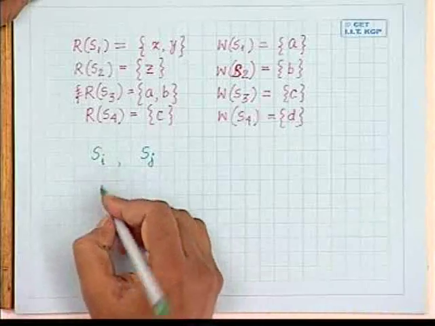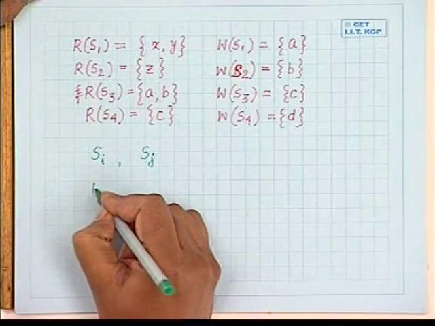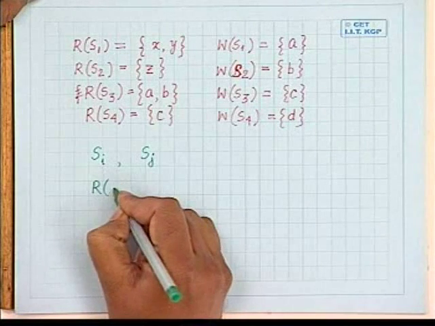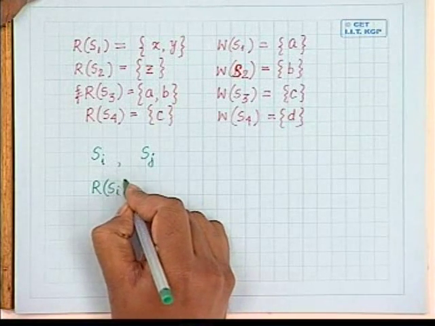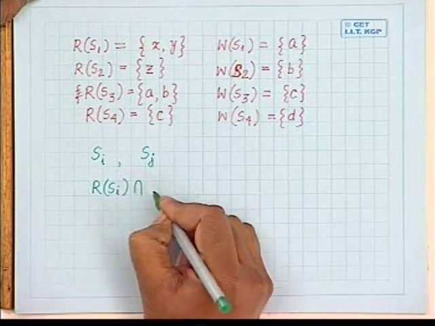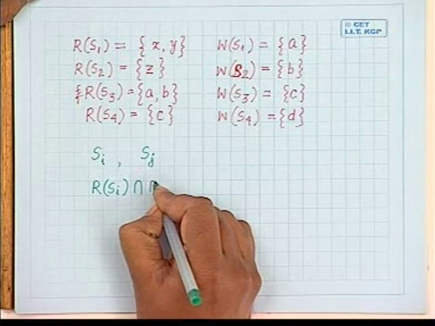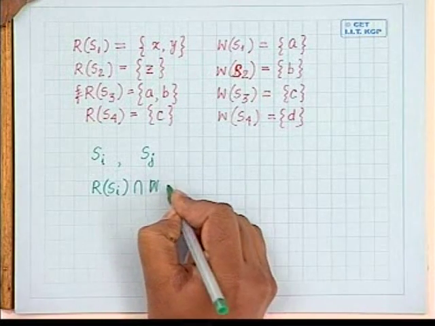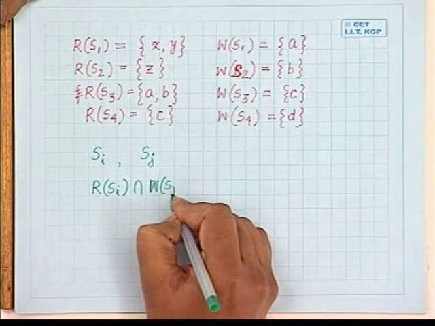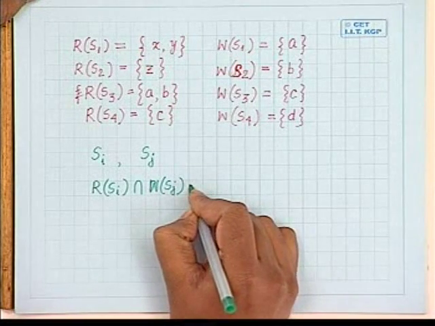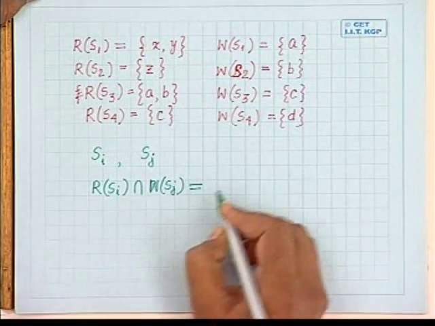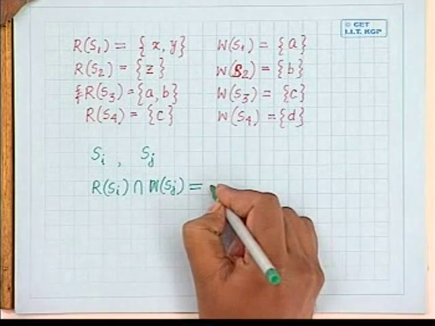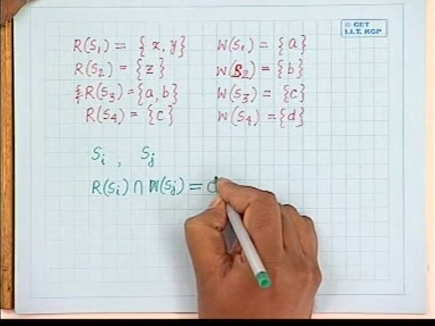Okay. So, the condition of concurrency will be that the read set of Si intersection with the write set of Sj should be null.